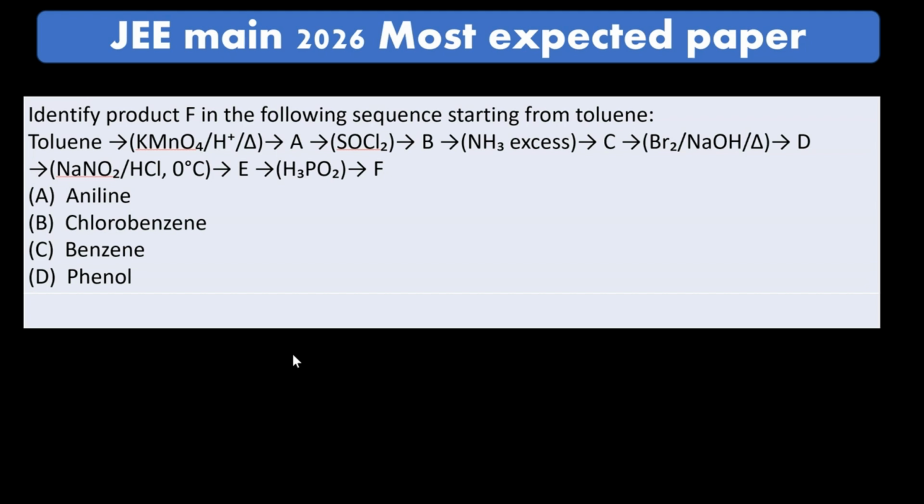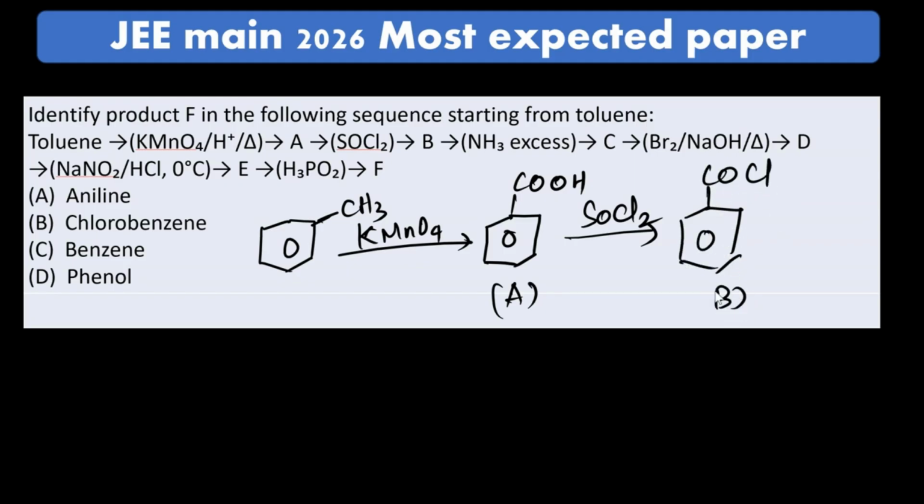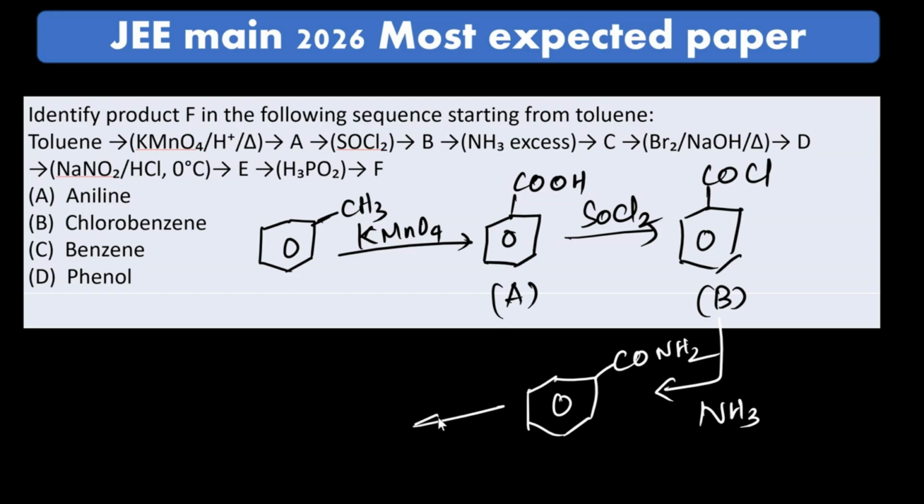Next question, identify product F in the following reaction sequence, starting from toluene. Okay, toluene with KMnO4, that will give you what? Benzoic acid, right? Benzoic acid with SOCl2, that will form benzoyl chloride, that is B. B with excess ammonia, which will lead to the formation of, hydrogen will take up the Cl, remaining I'll be having CONH2. Then that is C. With this Br2 NaOH, what is this reaction?